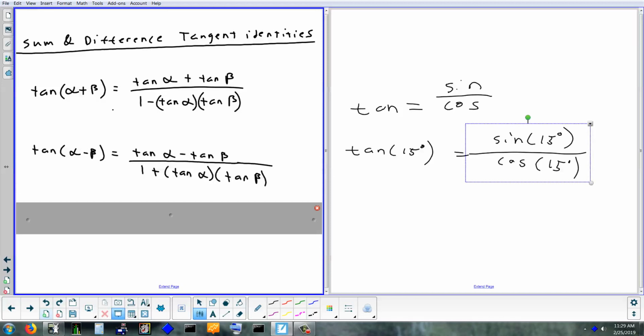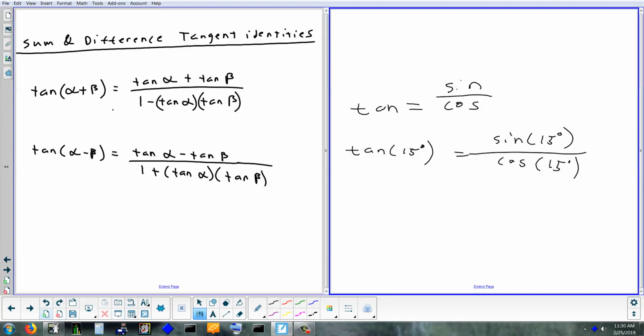And then the tangent difference is the same thing except change all the signs. Plus becomes a minus, minus becomes a plus. And if you did have to do a lot of stuff with tangent, these formulas are much, much faster than trying to do it the way I'm telling you that I would do it.